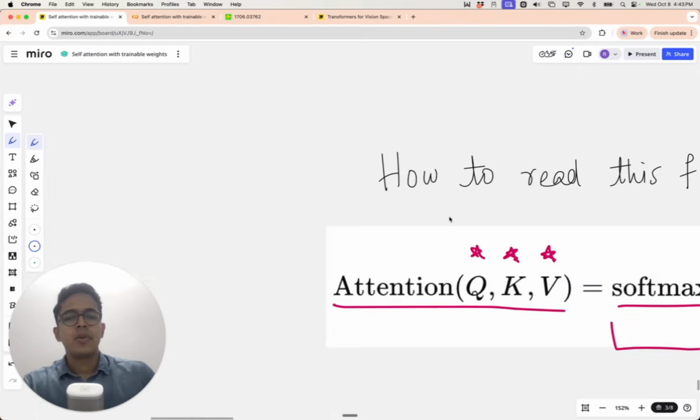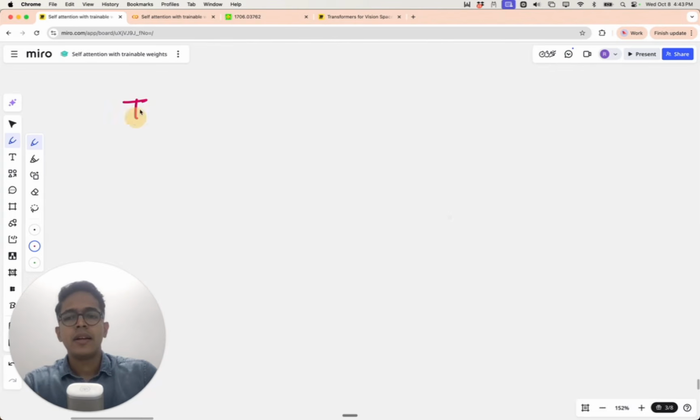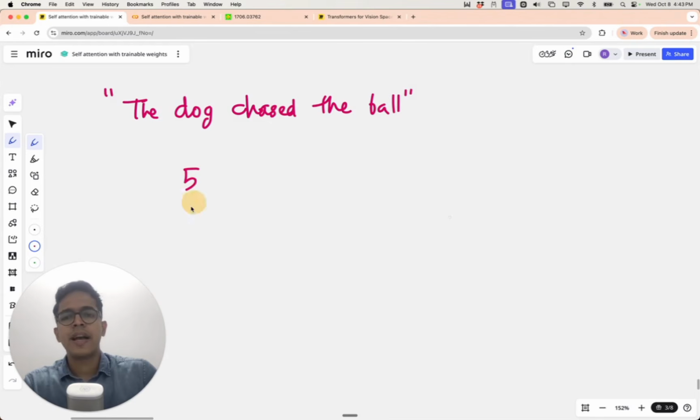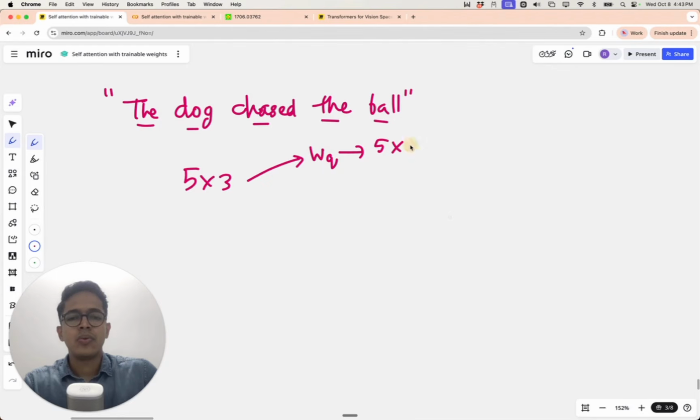So if we were to write this in terms of dimensionality: the dog chased the ball. This is an input sequence with 5 words. Each word is represented by a 3-dimensional vector. Then this is multiplied by WQ, which is 3 by 2, to get a 5 by 2 matrix, which is the Q matrix.